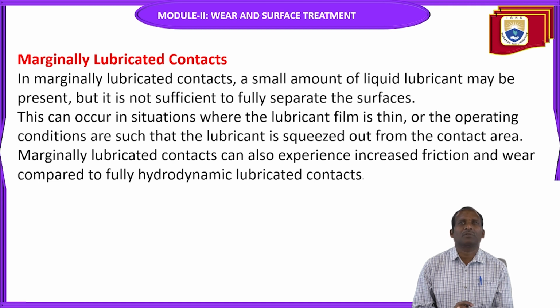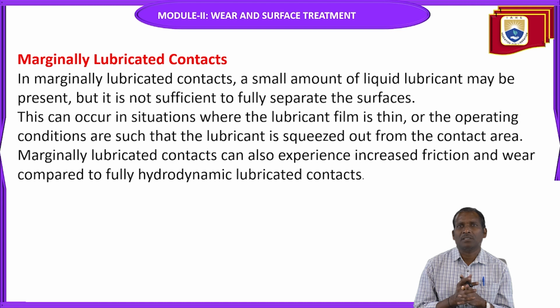Whenever sufficient lubricant is present between the two contact surfaces, there is full separation of the two surfaces, meaning no metal-to-metal contact is possible. But in this case, there is not sufficient lubricant to fully separate the surfaces.